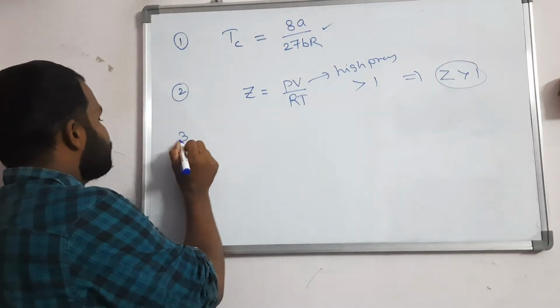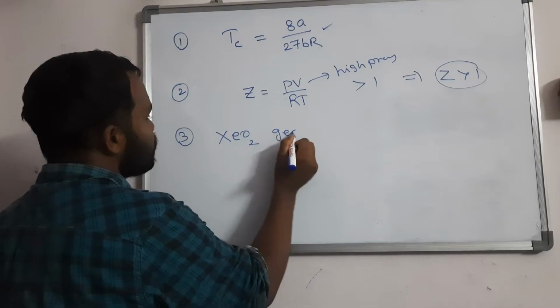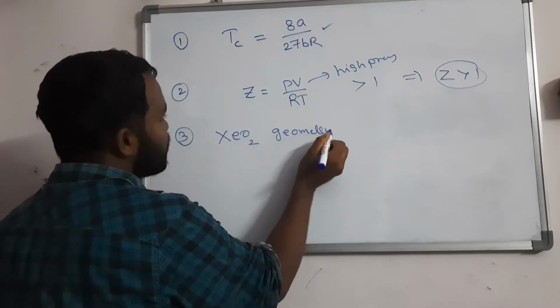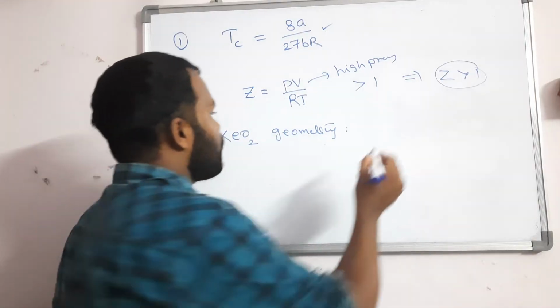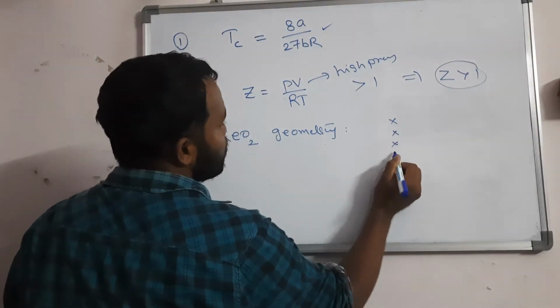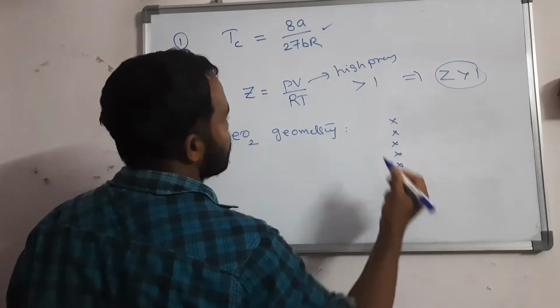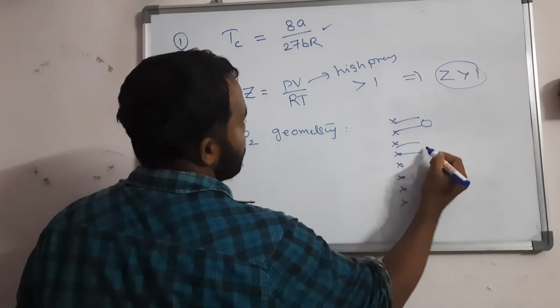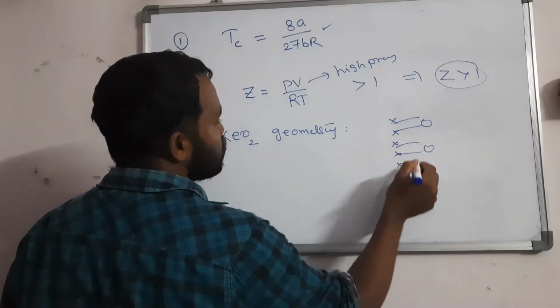Next, question number 3. XeO2 geometry. What is the geometry of XeO2? Generally, xenon has 8 electrons. There are two lone pairs, 1, 2, 3, 4.